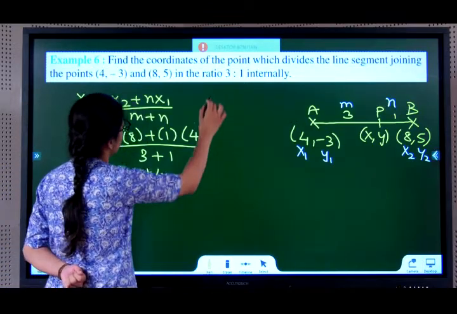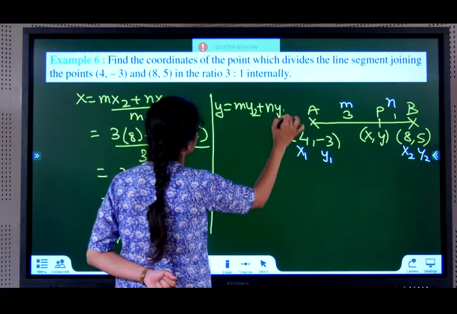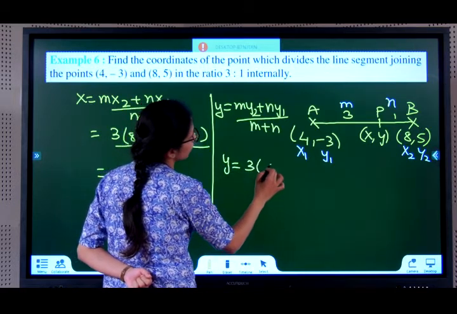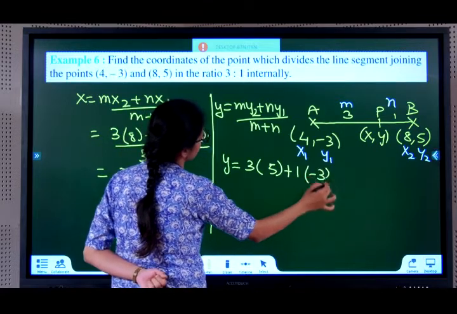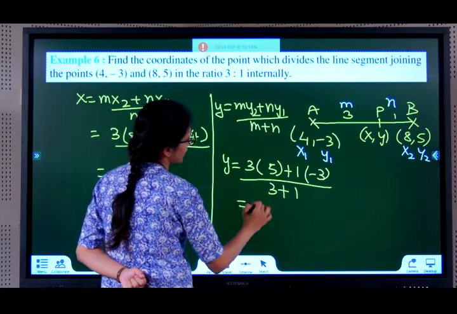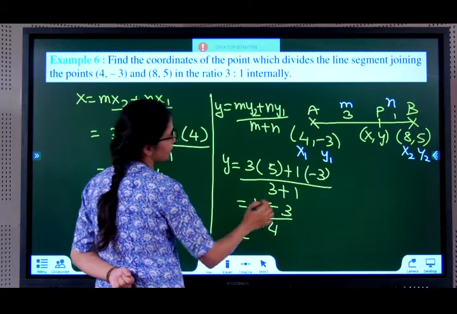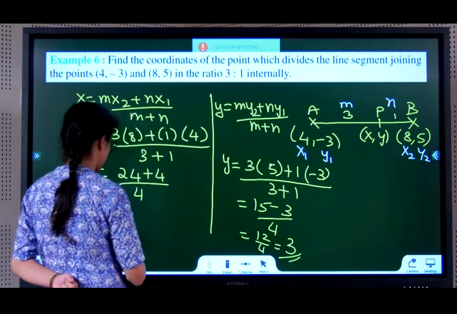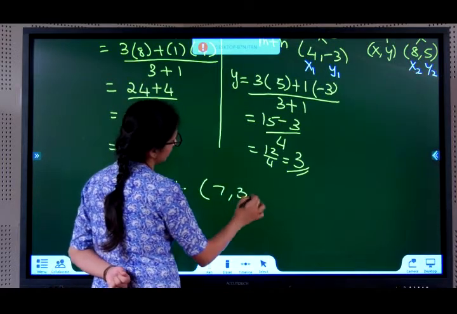Now we will do this for y. y is equal to my2 plus ny1 by m plus n. y is equal to m 3, y2 5, plus n 1, y1 minus 3, divided by m plus n, 3 plus 1. 3 5s are 15, 1 into minus 3 is minus 3, 3 plus 1 is 4, 15 minus 3 is 12, 12 by 4 is 3. X coordinate is 7, y coordinate is 3, therefore the point is 7, 3.